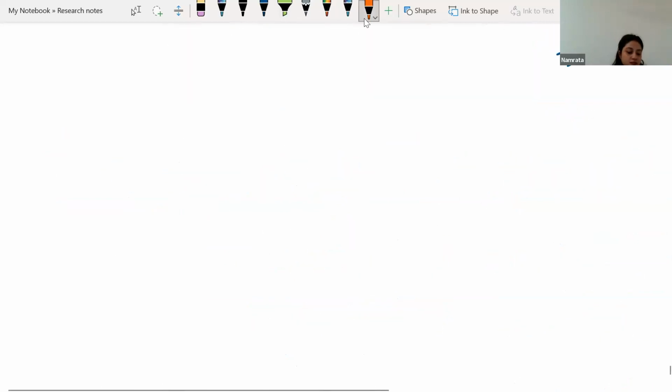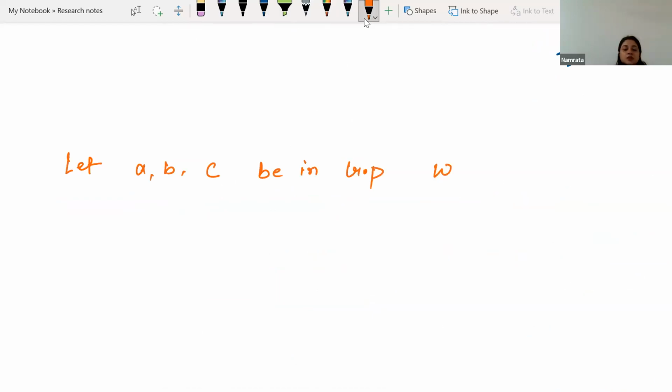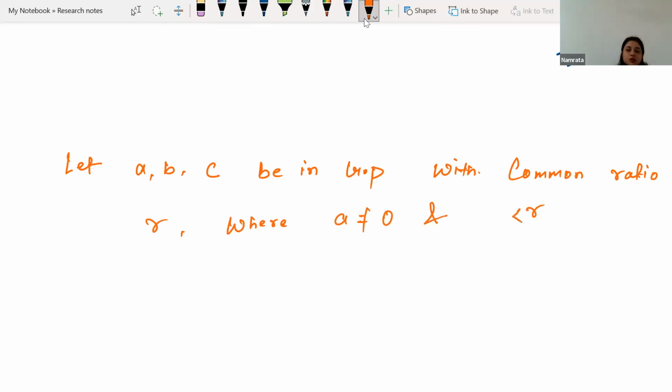If the question says, let a, b, c be in GP with common ratio r, where a is not equal to 0 and r lies between 0 and 1 by 2.